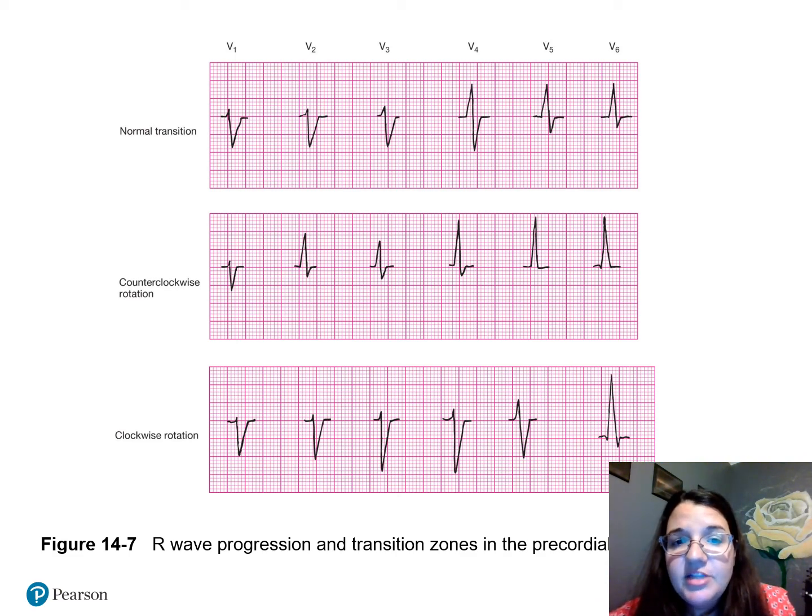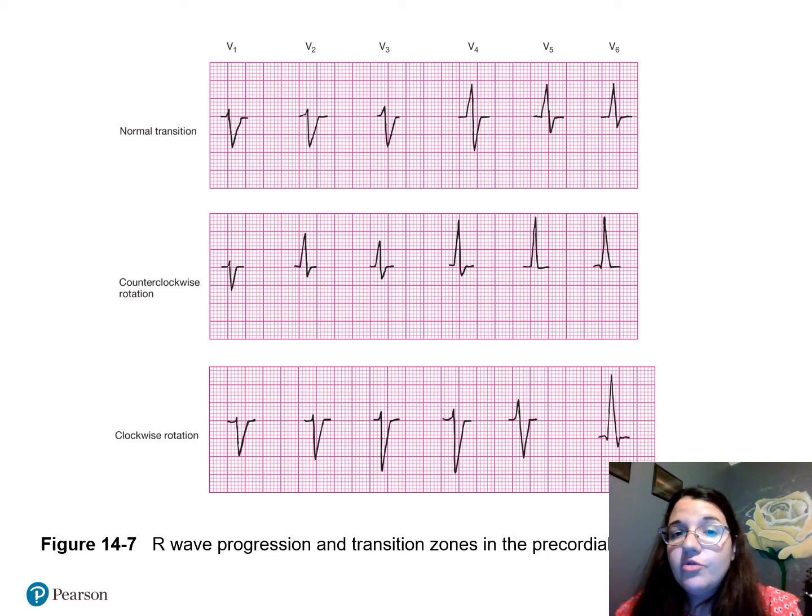This is where that transition happens in V1 and V2. If you notice, in V1 we're negative, and what happened in V2? We're already positive. There was no transition. We're counterclockwise. And then clockwise is when that transition happens in V5 and V6. We were predominantly negative, and we don't see a change until V5 and V6.